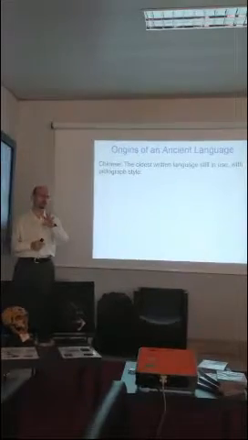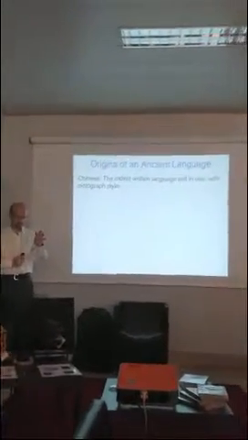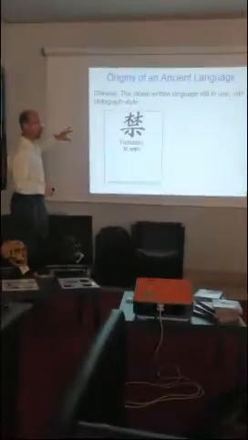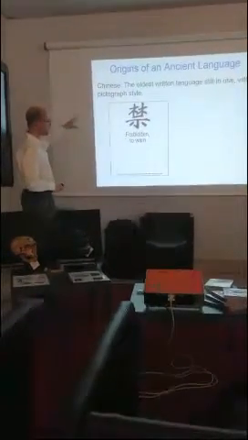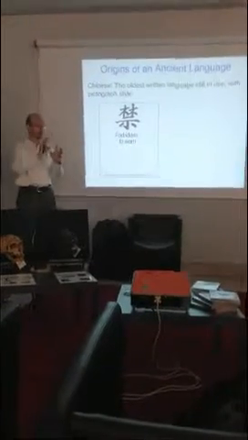Every word in Chinese is called, there's a different name for these characters. Radicals. They're called radicals. And each word is a radical, and when you add these together, you create new words.